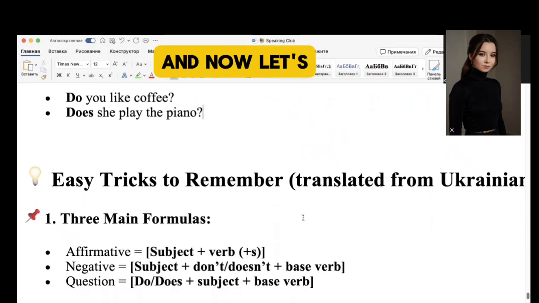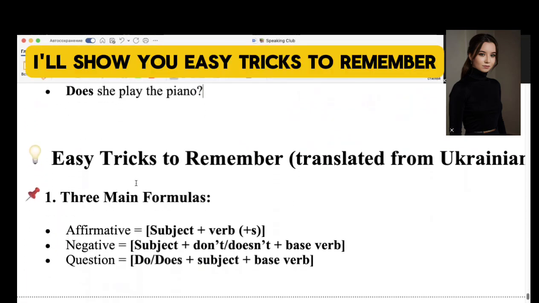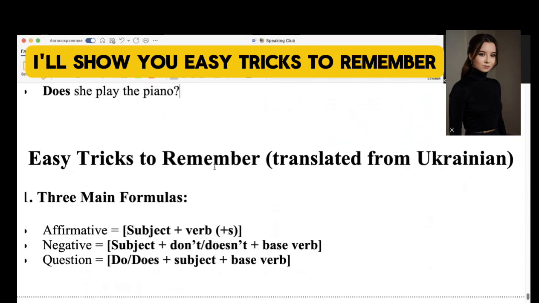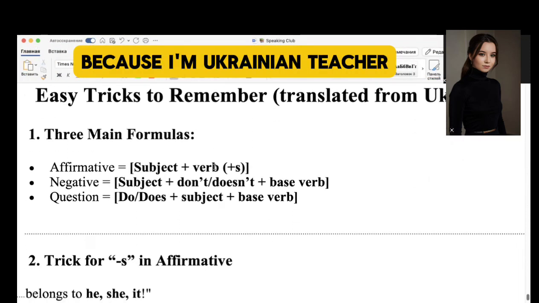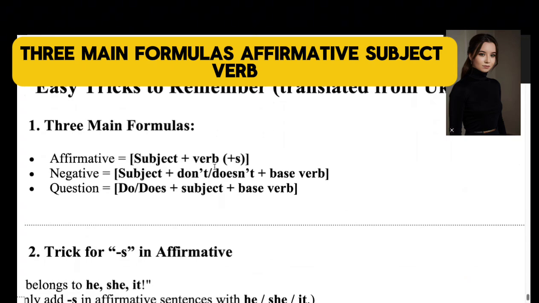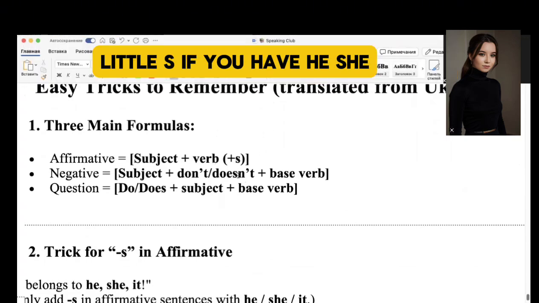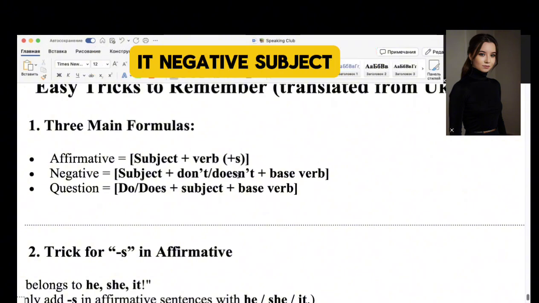Now let me show you easy tricks to remember, translated from Ukrainian, because I'm a Ukrainian teacher. Three main formulas. Affirmative: subject, verb, letter S if you have he, she, it.